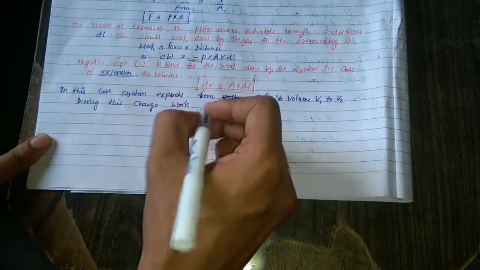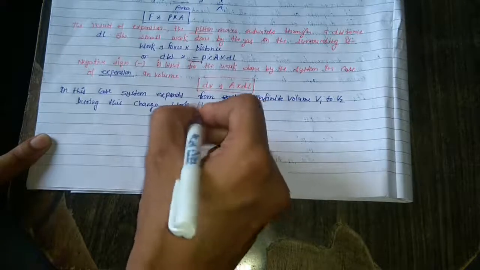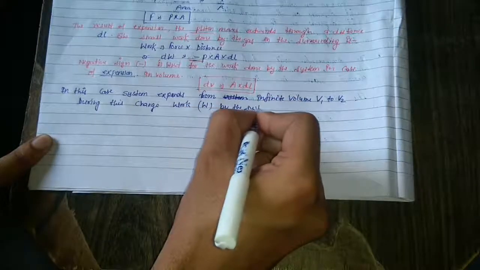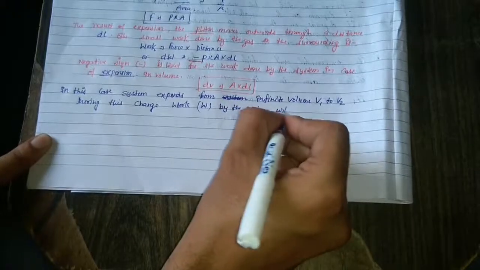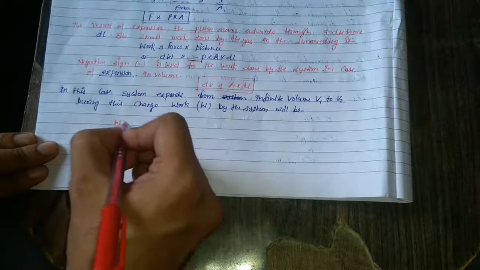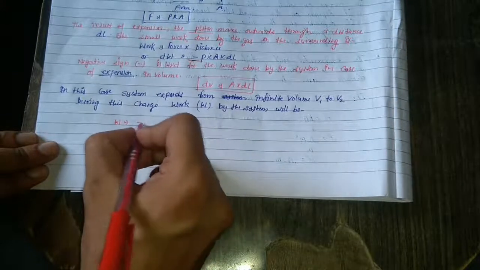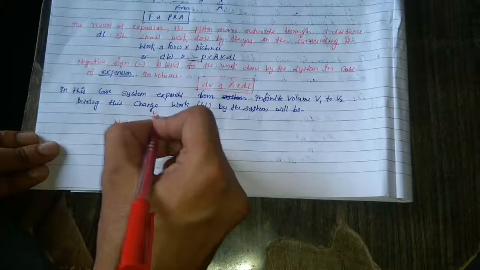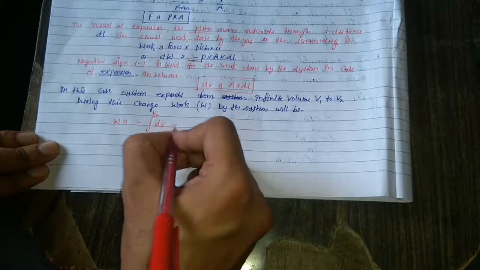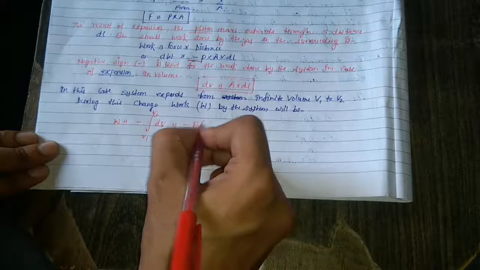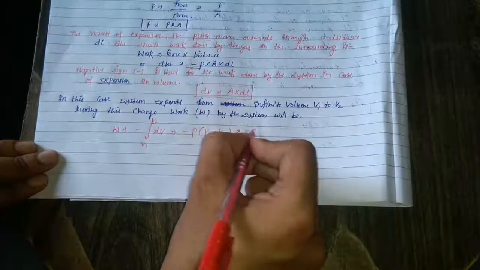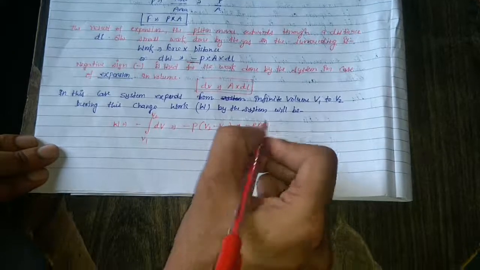So during this change, the work W by the system will be: W equal to minus the integral of P dV, equal to minus pressure into change in volume, V2 minus V1, so minus P change in volume.